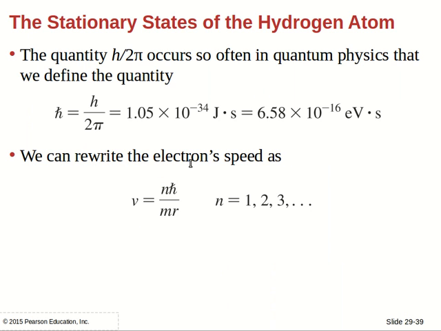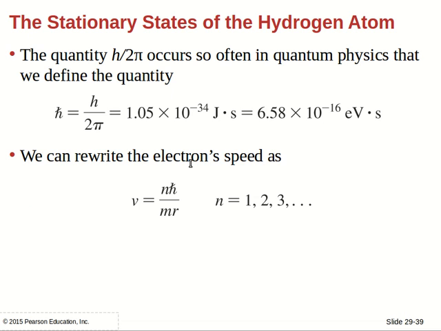So basically the upshot of this is that we now have two ways to characterize the velocity of the electron. One in terms of the Coulomb force and the centripetal acceleration that Coulomb force gives to that electron, and secondly the relationship between the velocity and the wavelength or the circumference of its orbit.